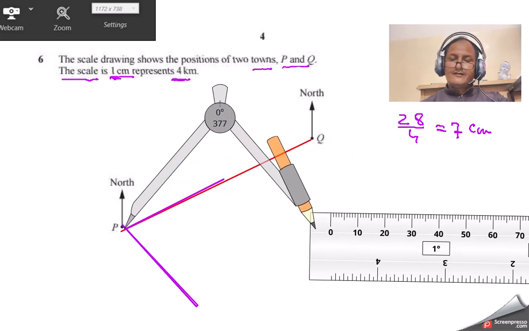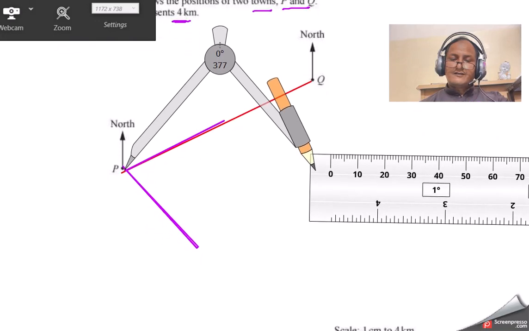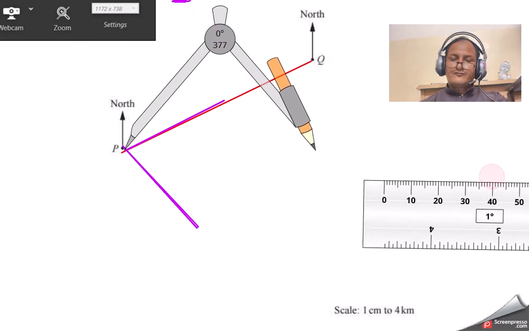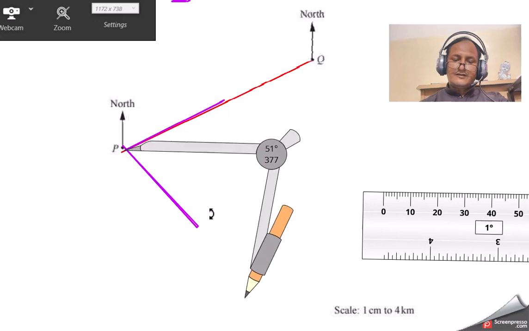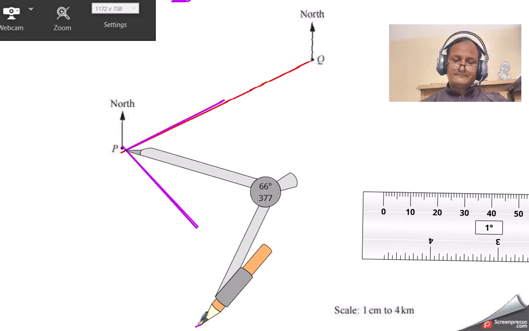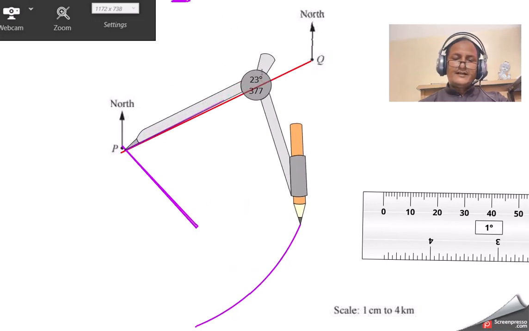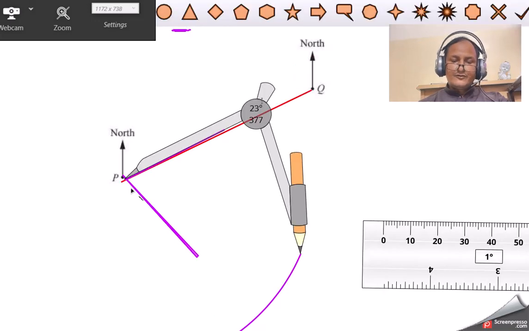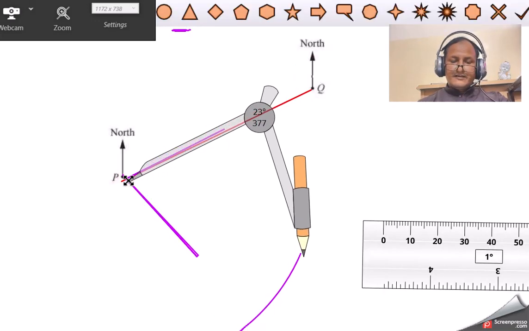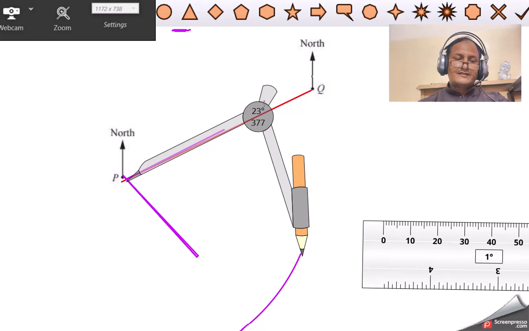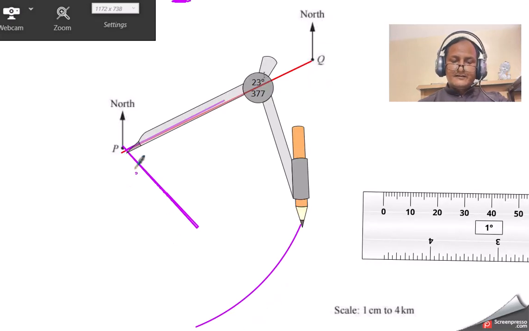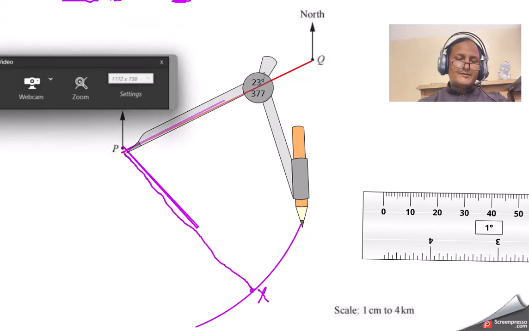Then extend this line, and with the scale mark the point here as X.